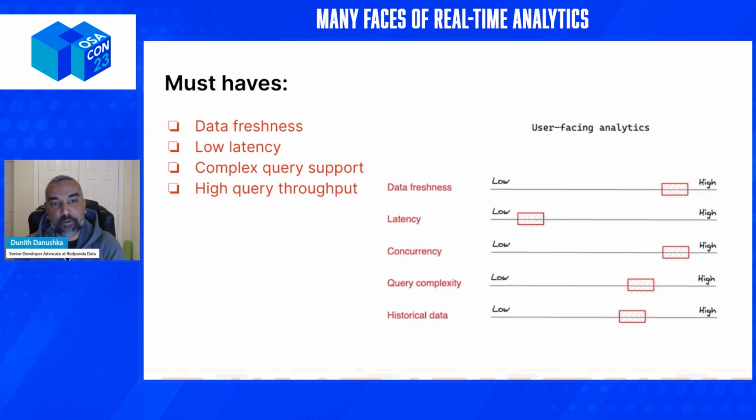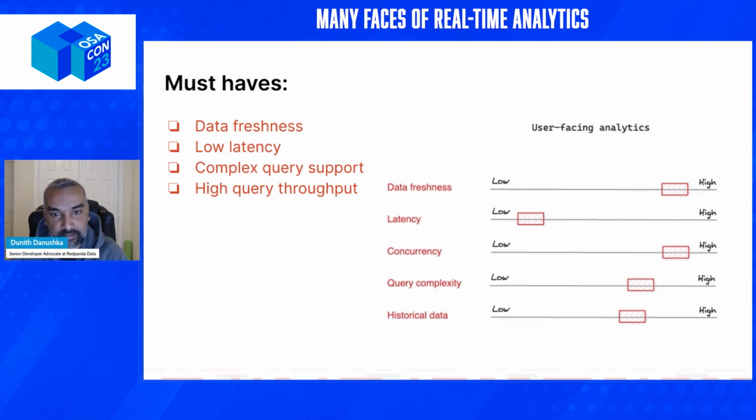And then the support for complex queries, because like I said in the slide before, these queries project aggregated results. That means the underlying database should be able to do on the fly aggregations, slicing and dicing, and summarization. So this is where you need lots of support for multiple joins and running multiple aggregation queries. Another critical support you need here is high query throughput, because this is exposed to your end users.